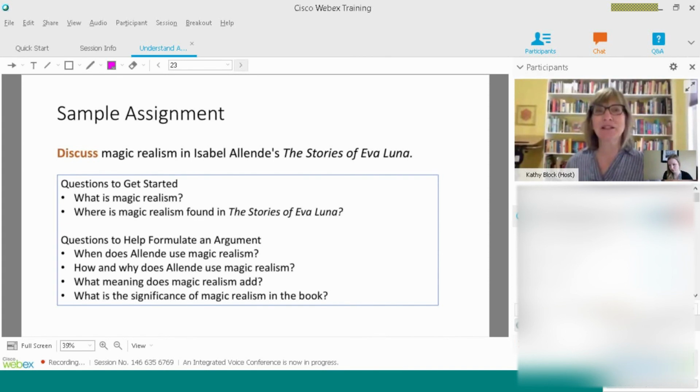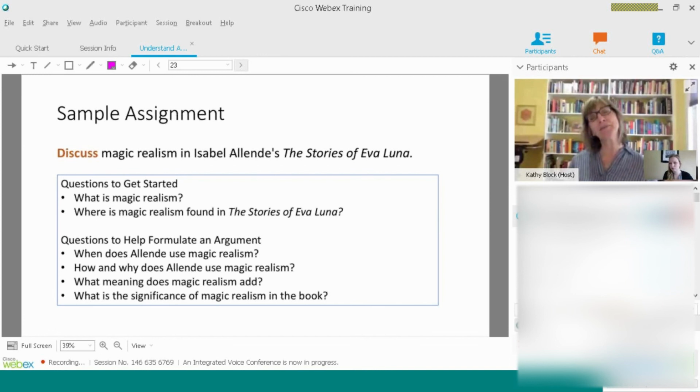What are the examples? Once I found the examples of magic realism in the book, I'd study how those examples work and think more deeply about them. And I'd ask questions like, when does Allende use magic realism? How and why does Allende use magic realism in this book? What meaning does it add?